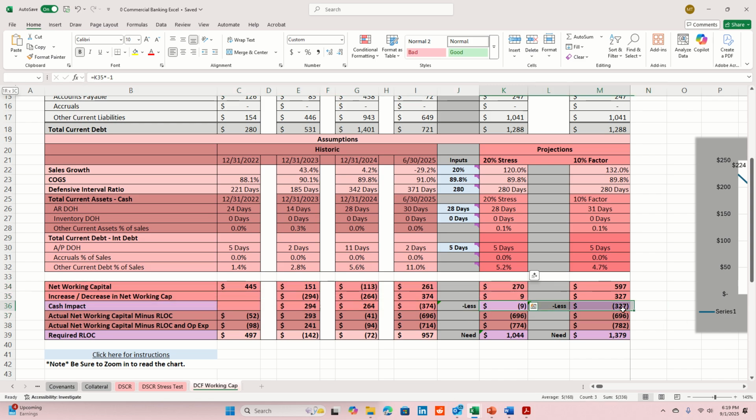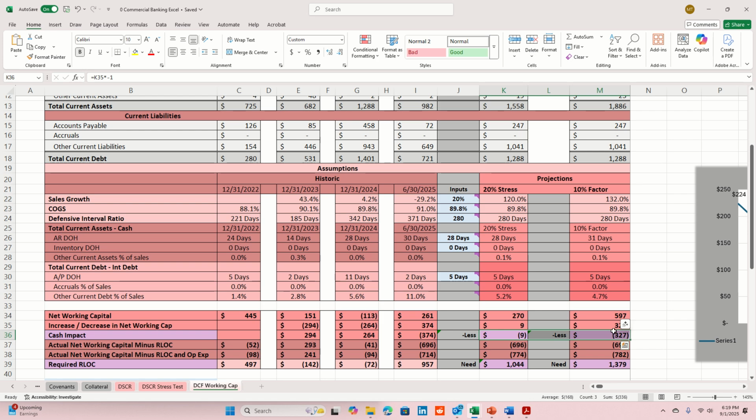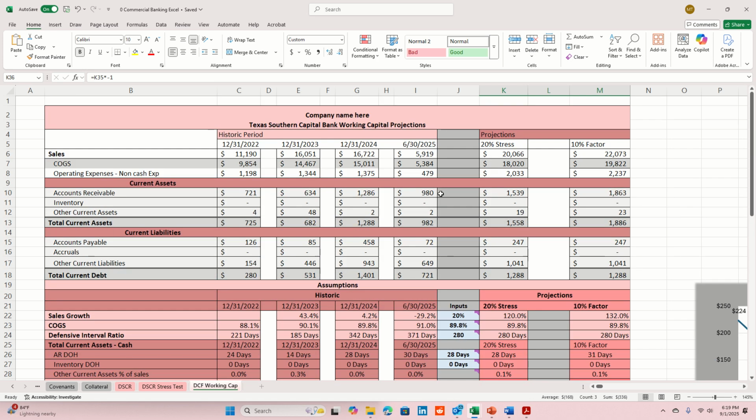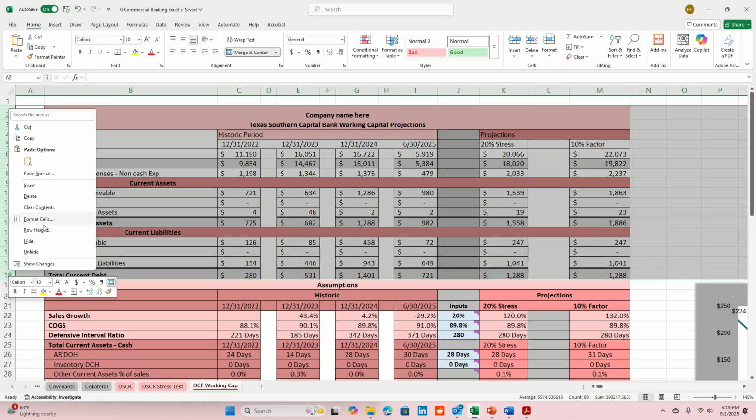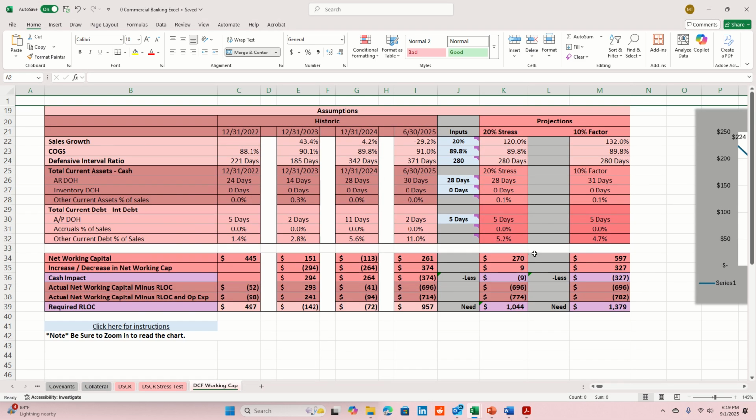This is the cash impact of our change in net working capital. Here we have the same thing. Cash impact of our change in net working capital. Okay, so let me hide that again. So once we come back down here, we know how we calculated this. We took our net working capital, which is calculated by our net current assets minus our net current liabilities.